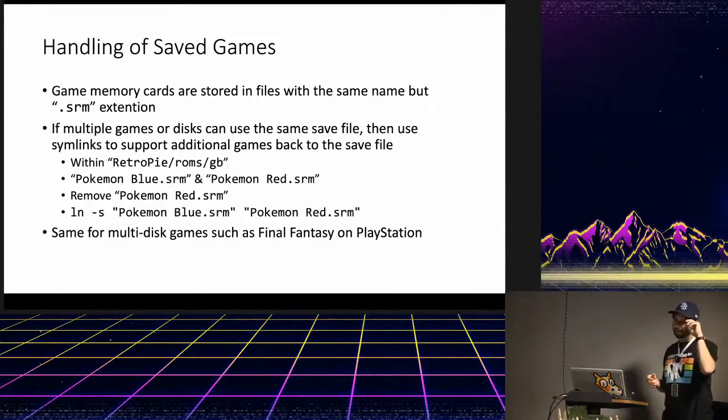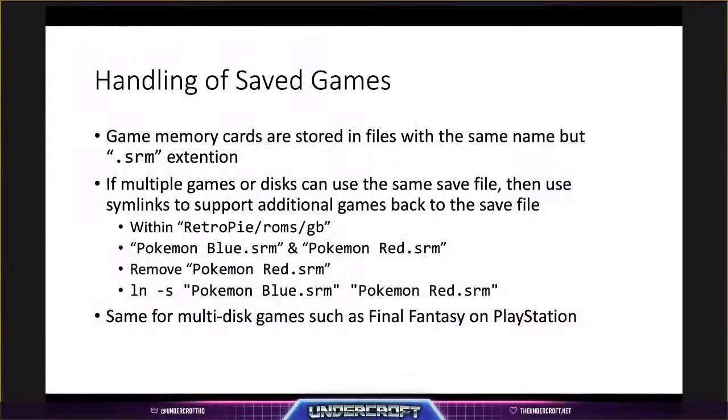Handling of saved games. So this is the one that caught me early on. I was trying to figure out how to deal with this. So check this out. The RetroArch standard is for a saved game to be stored in what's called an SRM extension. And if you're like a Super Nintendo, the way you save games on a cartridge is there's actually a memory chip and a battery inside that cartridge.